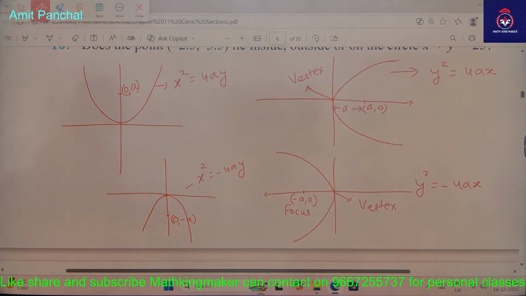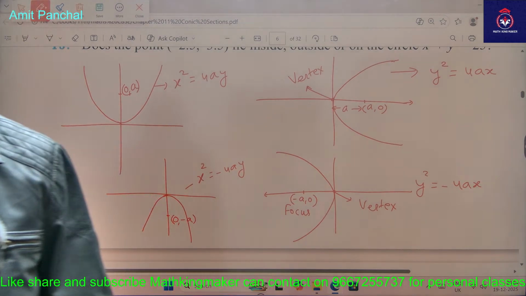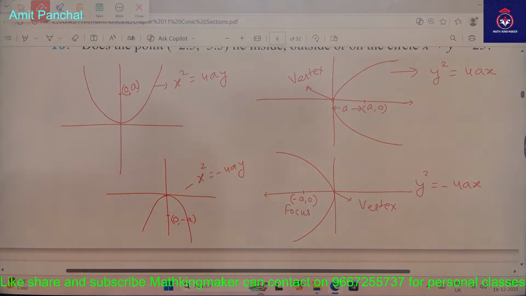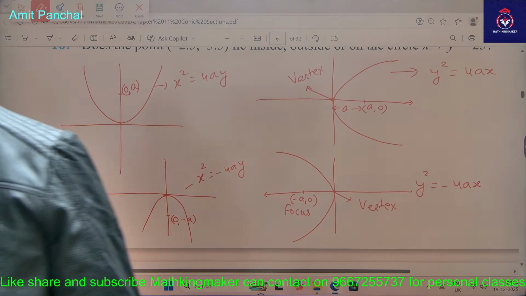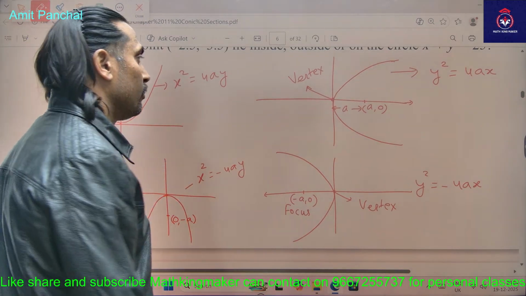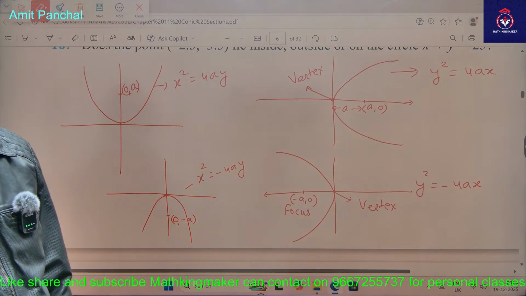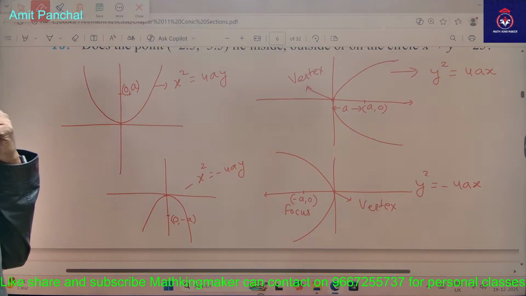Just write down these four things, because first of all you have to understand the figure of the parabola, whatever is given to you.